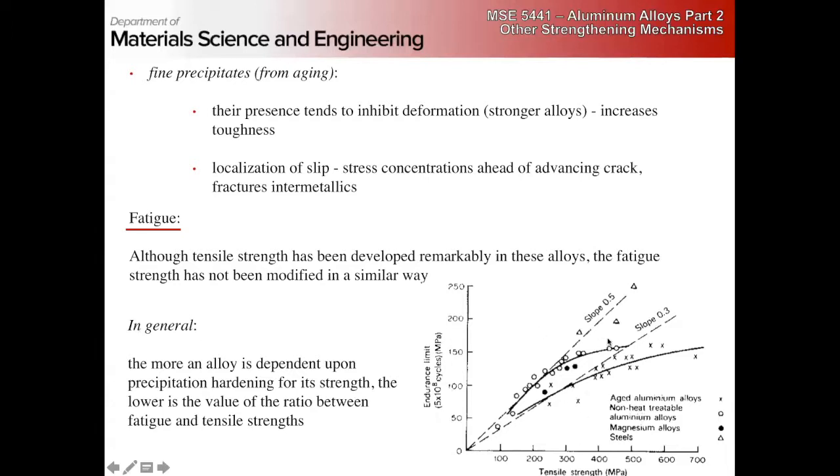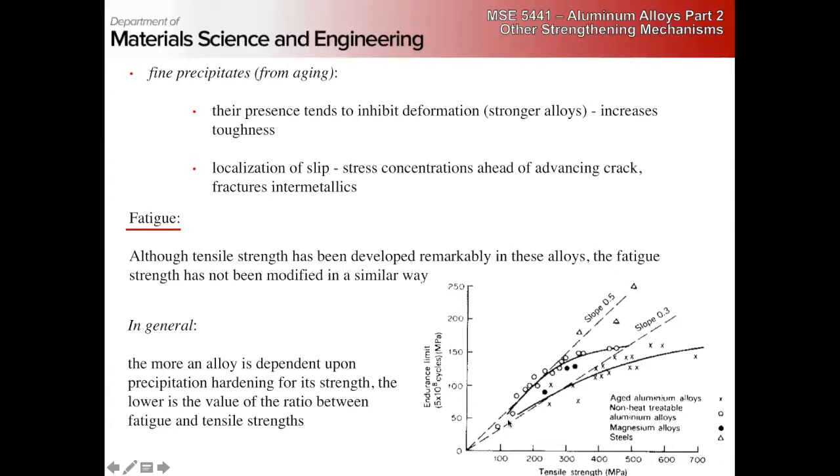And what we can see here is that if we look at aluminum, as our tensile strength goes up, our endurance limit flattens out, right? For precipitation strength in alloys.